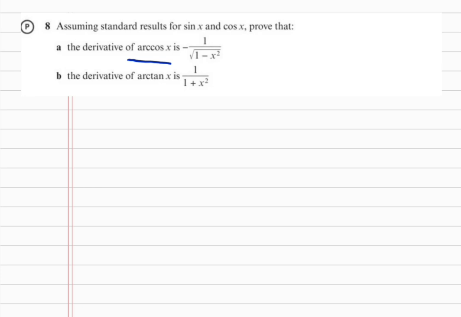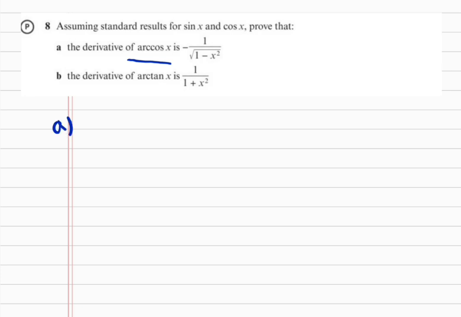But in this case, we want to show why the derivative of arccos x is minus 1 over root 1 minus x squared, because it seems very different. Normally when we have a trigonometric function, the derivative also has trigonometric functions. But in this case, as you can see, we don't have an explicit trigonometric function.